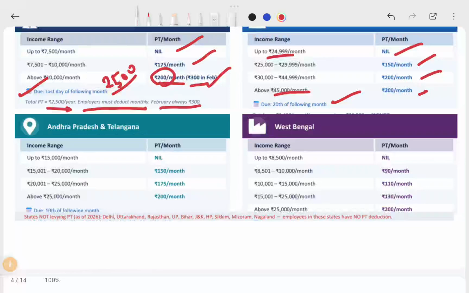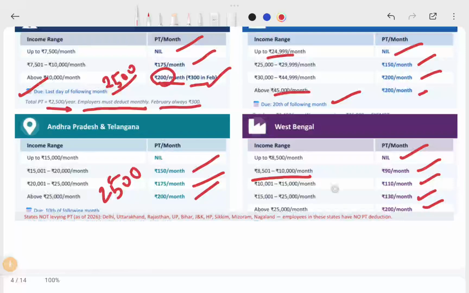In AP and Telangana, up to 15,000 is nil, 15,000 to 20,000 is 150 per month, 20,000 to 25,000 is 175, more than 25,000 is 200 per month, with February at 300, and the maximum is 2,500 for each state. Like this, West Bengal has nil up to 8,500, and yearly would still be 2,500.